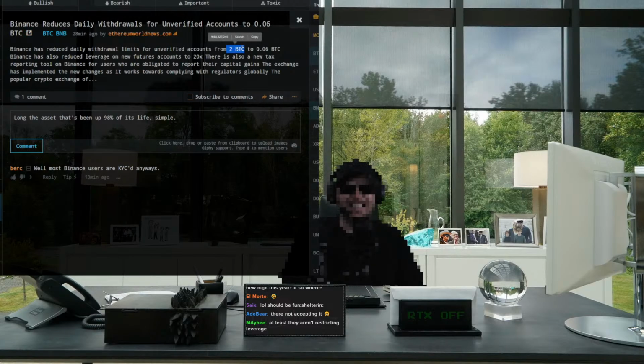2 BTC when it was 10, 20K, yeah, okay, not a big deal. Now Bitcoin is going to get more valuable with each and every day. That's what I'm saying. Let's hold on to what we got. Let's not use too much leverage. And they're reducing leverage, so regulations are coming, but this is kind of bullish in my view.